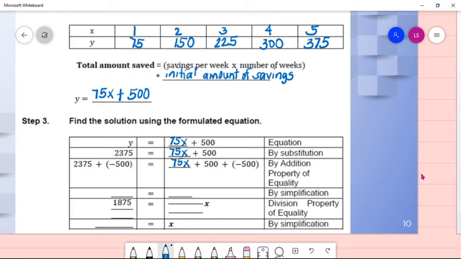Using the addition property of equality, we add negative 500 here and here too, because the 500 is positive. So this will cancel, and then solve this one. 2,375 plus negative 500, the answer is 1,875.